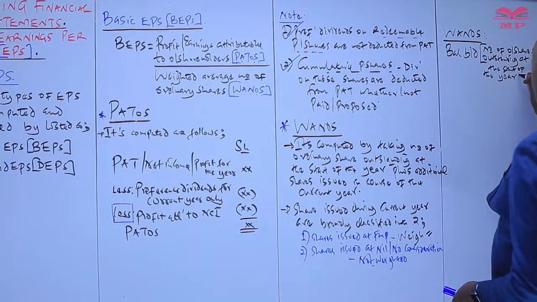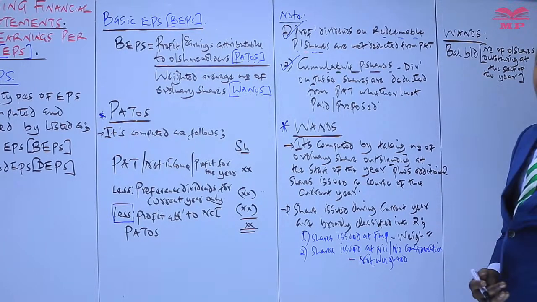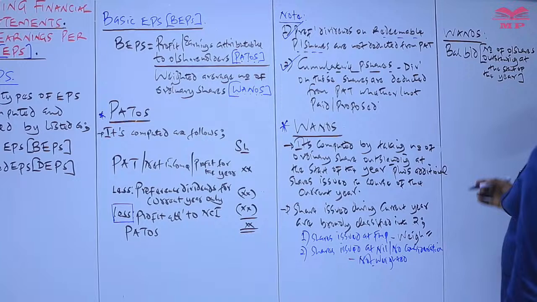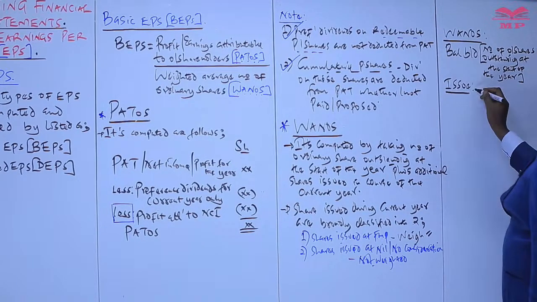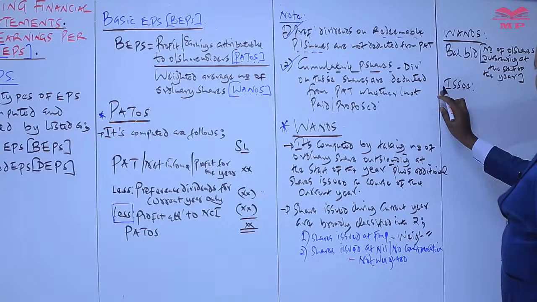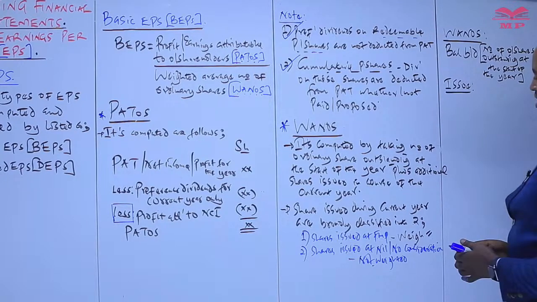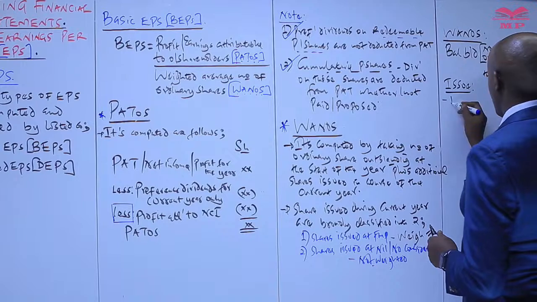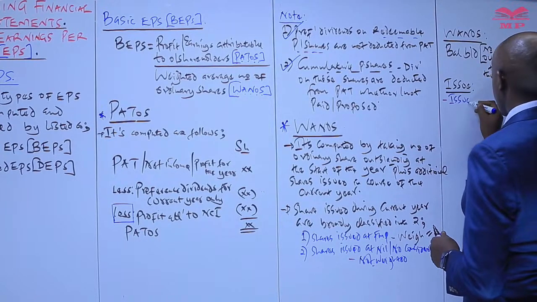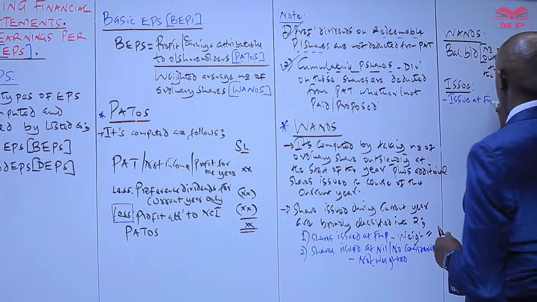In other terms, these are ordinary shares which were issued and fully paid at the start of the year. Then you add the other shares which were issued during the current year, which we classify into two. Number one, issue at full market price.